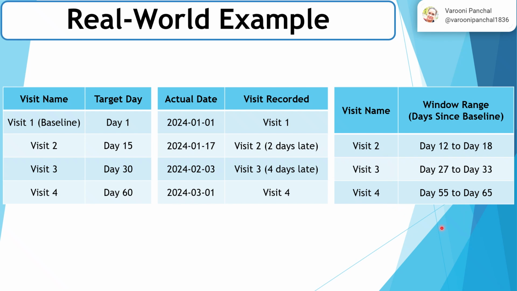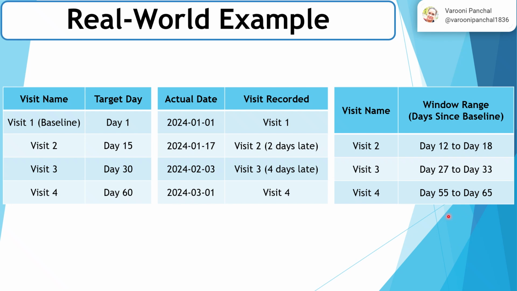Say for example, there will be a certain time period. If a particular visit date happens between day 2 and day 18, then it will fall under visit 2, right? If that specific window range, that is days since baseline, that is days from baseline, happens between days 23 and 27, then it will fall under visit 3.